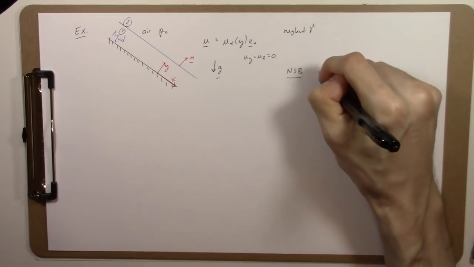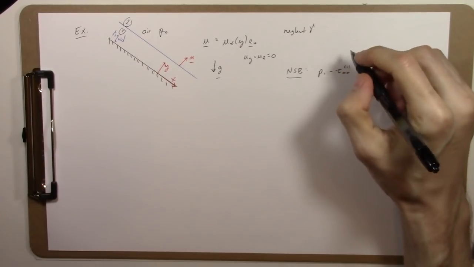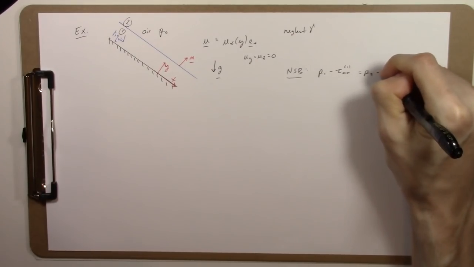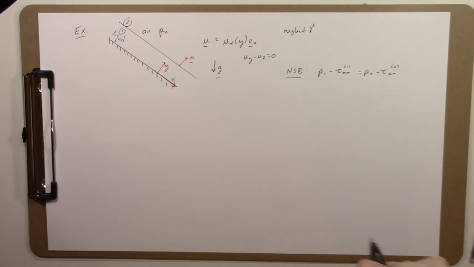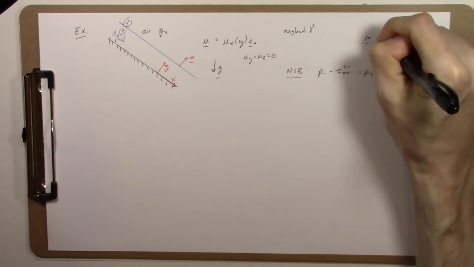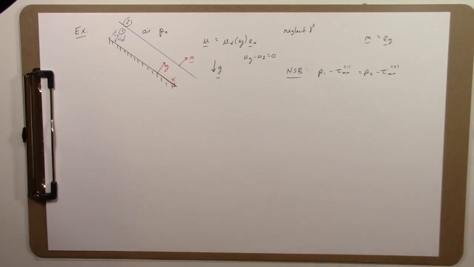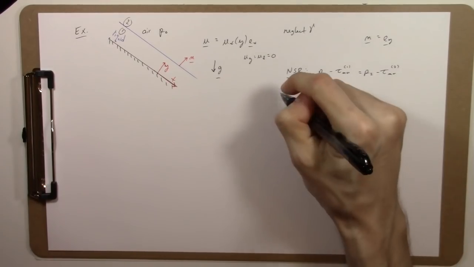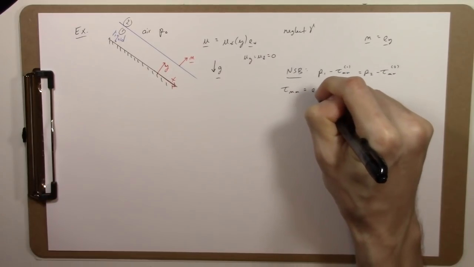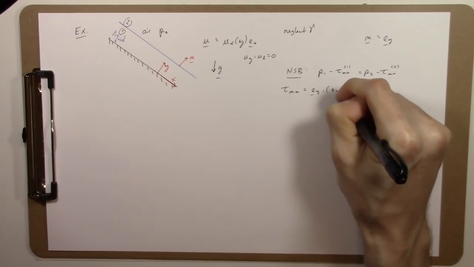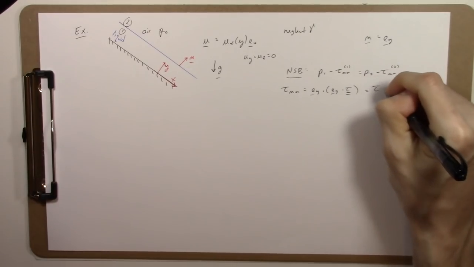So we have P1 minus tau N of 1 is equal to pressure 2 minus tau N in 2. In the system, n is e_y. So tau N is e_y dotted with e_y dot tau. So basically you can just change the n to y. This will give us tau yy.